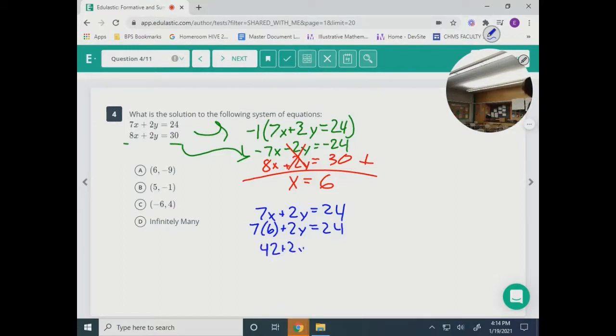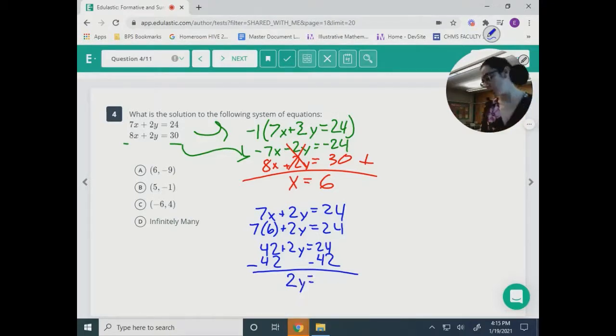Plus 2y is equal to 24. Subtract 42 from each side. Okay, we're left with 2y is equal to 24 minus 42, which is -18. Divide by 2, y is equal to -9.